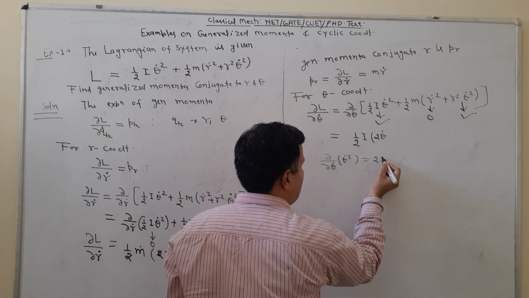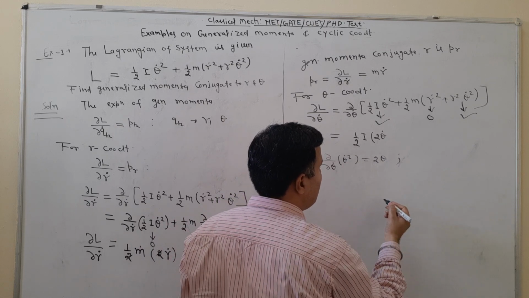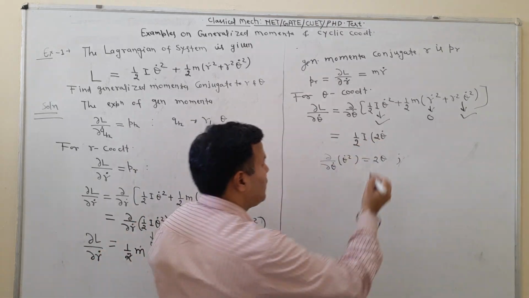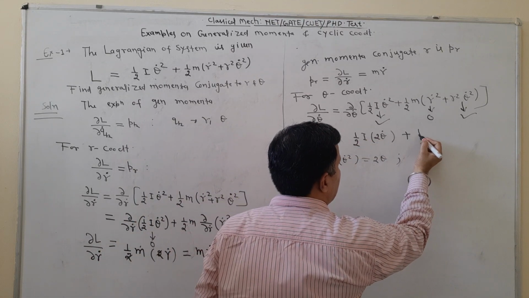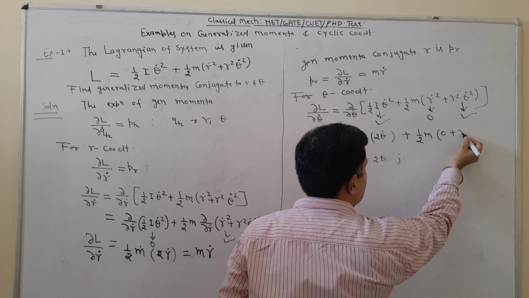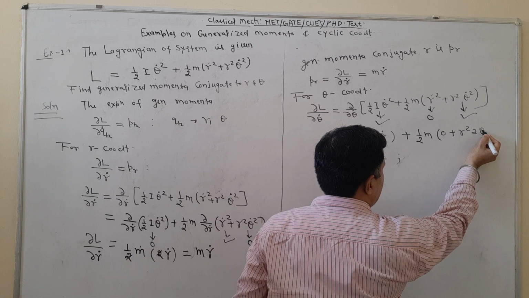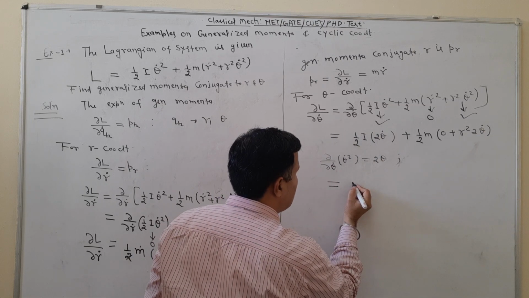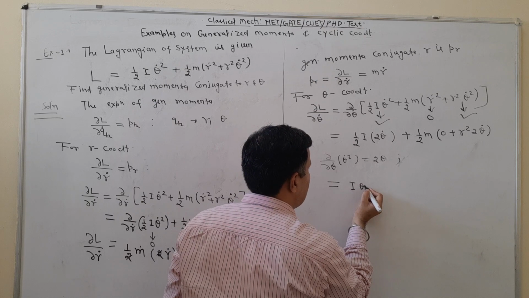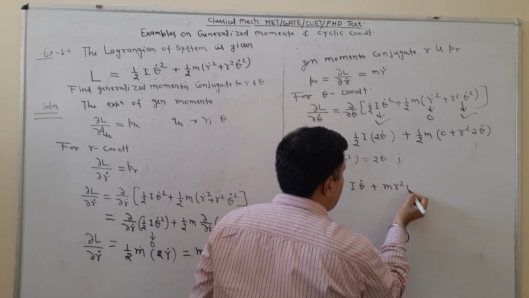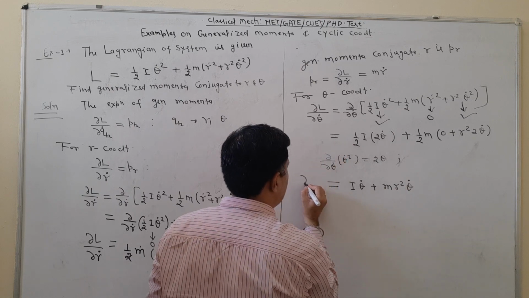So this will be twice theta dot, plus 1 by 2 m r dot square is 0, plus r square twice of theta dot. So the final expression is I theta dot plus m r square theta dot, which is del L upon del theta dot.